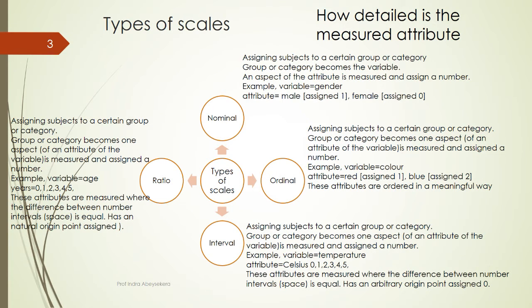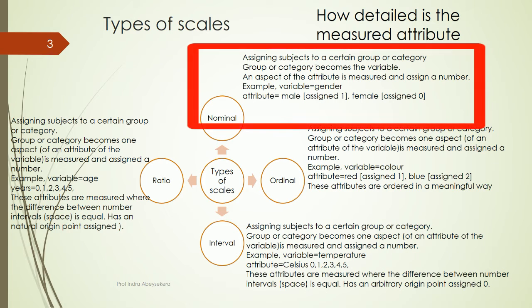There are 4 types of data that we can collect. The first one is nominal. That is, we assign a number to a group or a category. So that attribute is given a number based on the variable, for example, gender.